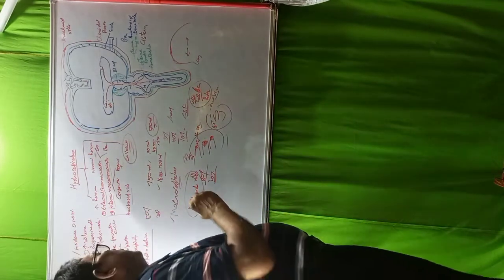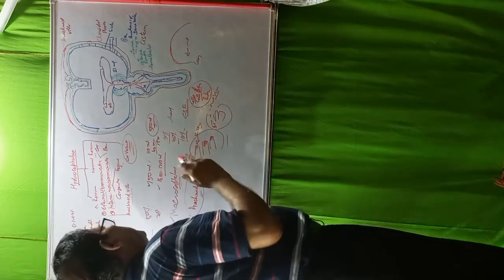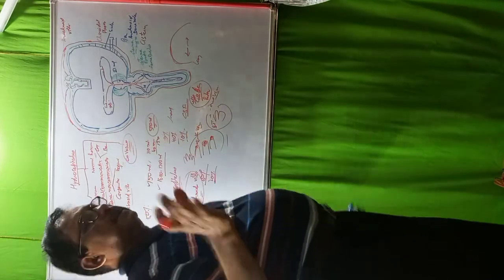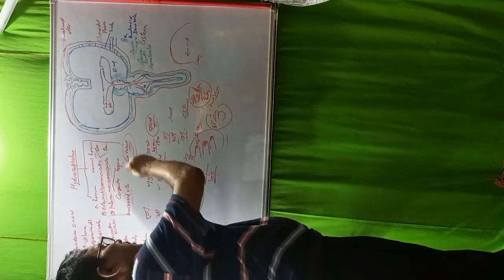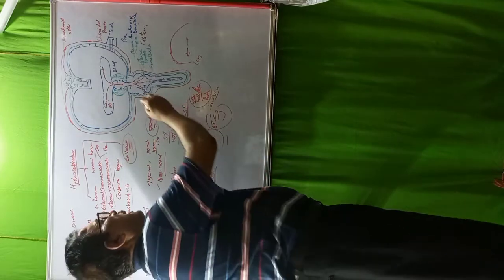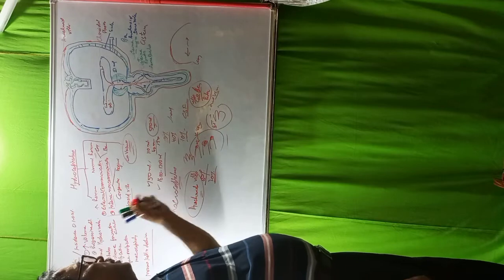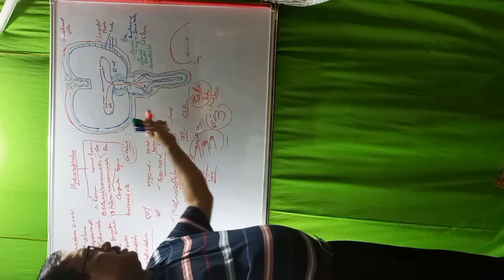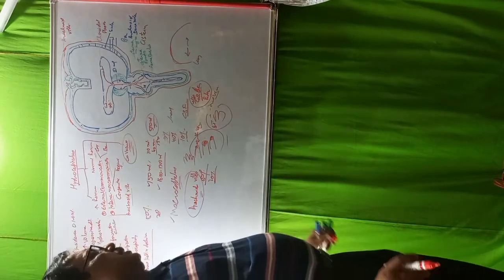And second is internal or non-communicating. This may also be congenital or acquired. Congenital means there is atresia of the aqueduct of Sylvius, or any foramen may be absent or blocked. And acquired is when these foramina are blocked due to cell debris and protein, etc.